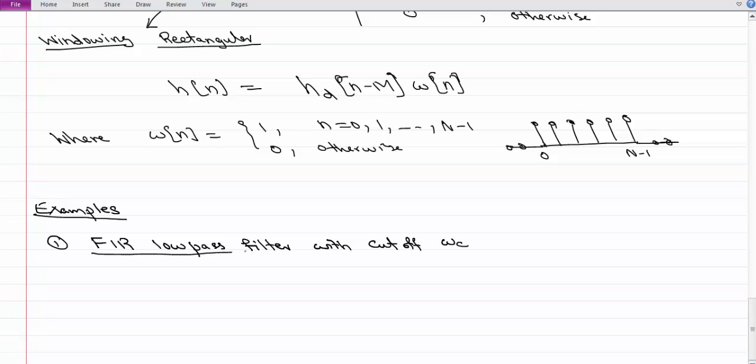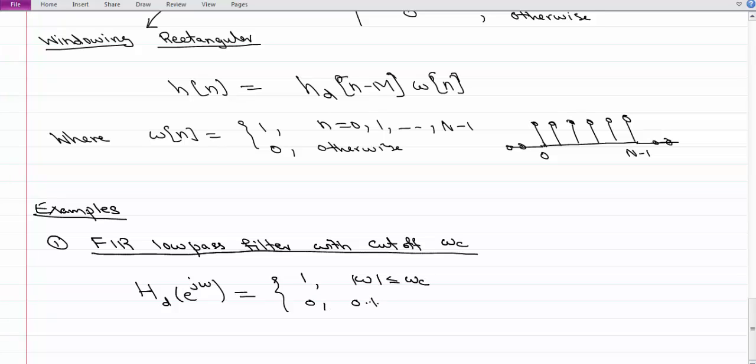Of course, the ideal filter is the following: it is 1 for all values of omega less than or equal to omega c, and 0 otherwise.